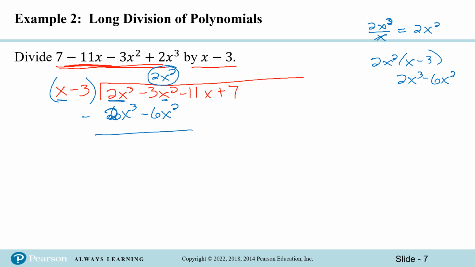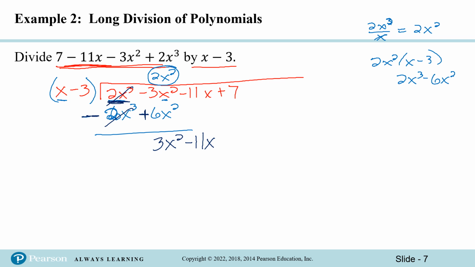So I would make this one negative, distribute the negative here, make that one positive, and then add. I have a positive 2x cubed and a negative 2x cubed. Those will cancel out, which is my goal. If that didn't happen, then I messed up somewhere. And I'm going to add my x's, and then bring down my negative 11x.